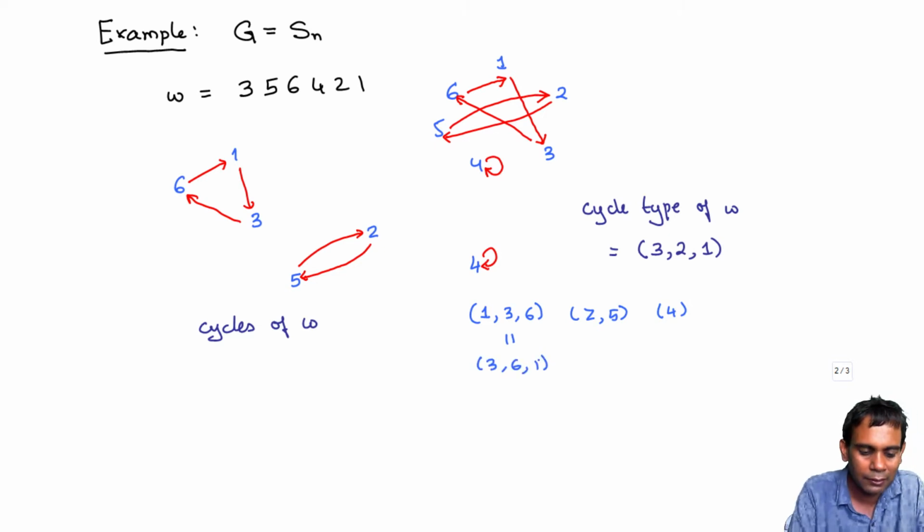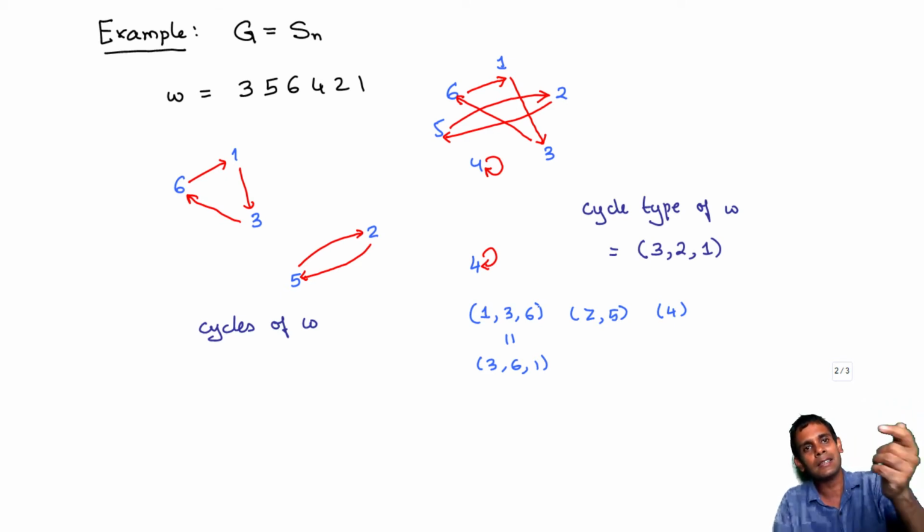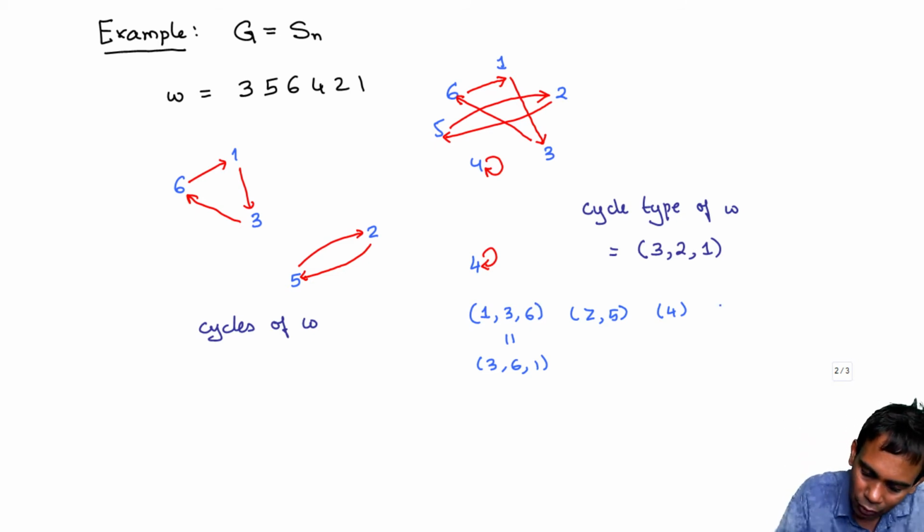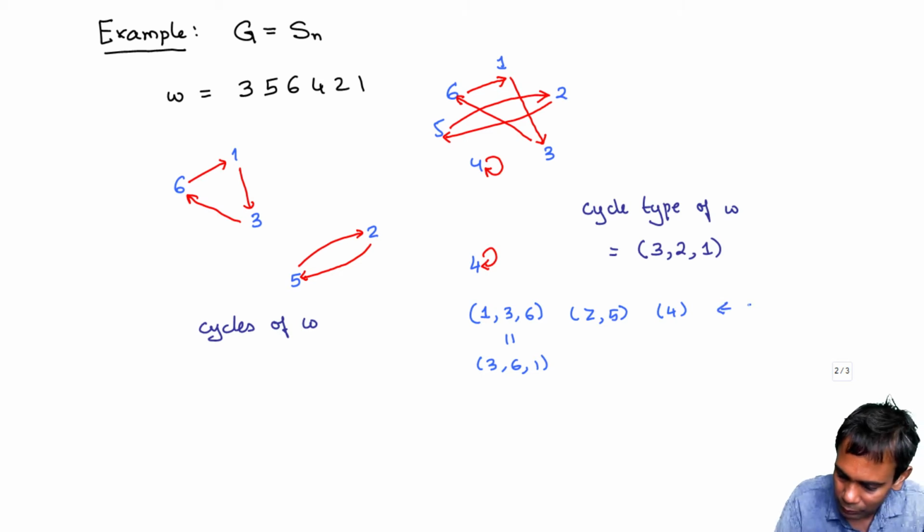There's some ambiguity since it's a circular thing, where we start. We can start with 3 and say 3 goes to 6, 6 goes to 1, or we can start with 6 and write 6, 1, 3. Here we can write 5, 2 instead of 2, 5. So these are called the cycles of W, and this is how we write them down. You just write the numbers in the cycles appearing in their sequential order, starting anywhere in the cycle. This is called the cycle decomposition of W.